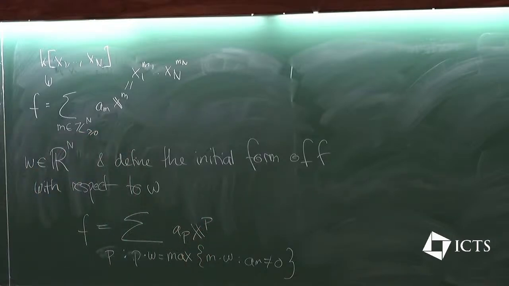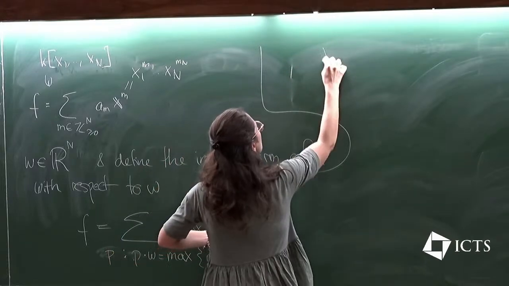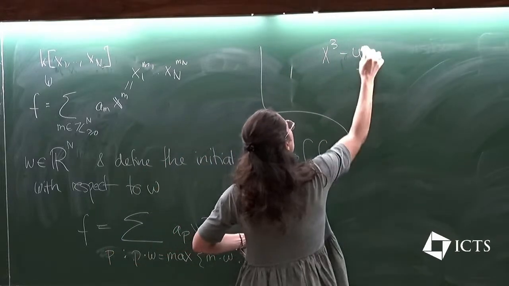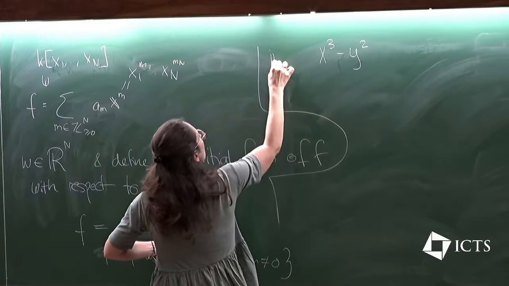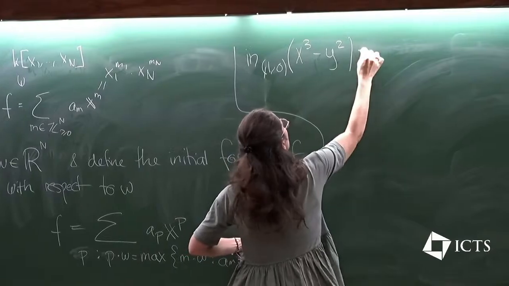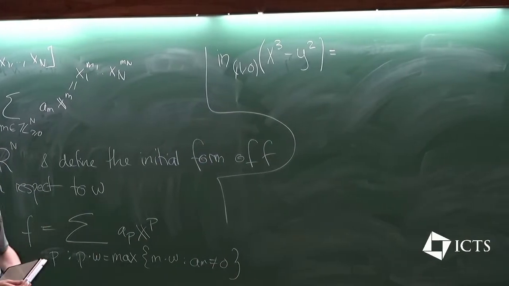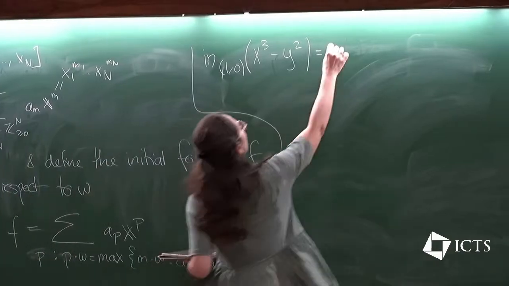Great. If I do this to polynomials, I can easily extend this to ideals. Or should I? Maybe let's give an example first. So if my polynomial is x cubed minus y squared, and I'm taking the initial form with respect to 1, 0, what do I get? x cubed, right?